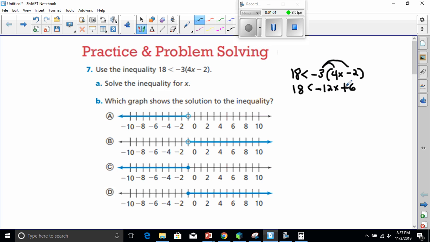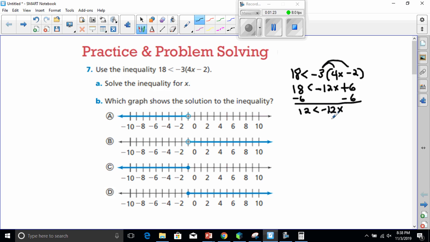And now I can go ahead and isolate that variable. First, I'm going to use my properties of subtraction. I'll subtract 6 from both sides to get rid of 6. And now that gives me 12 is less than negative 12x. And now I'll use my properties of division.